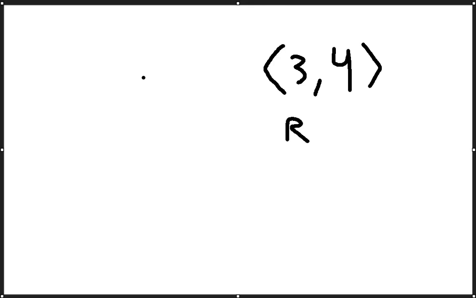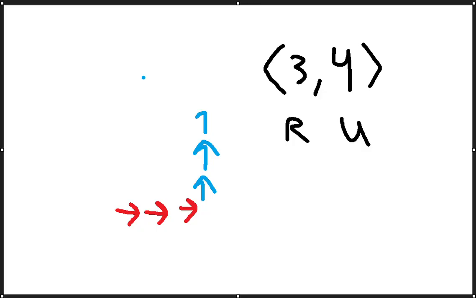But imagine a vector that we will define as being 3, 4. What does this mean? Well, this means you take 3 steps to the right and 4 steps up. So let's draw that. 1, 2, 3, and another one: 1, 2, 3, 4.